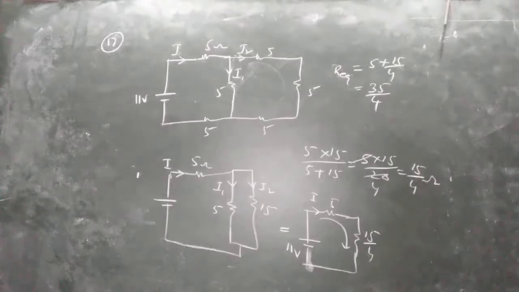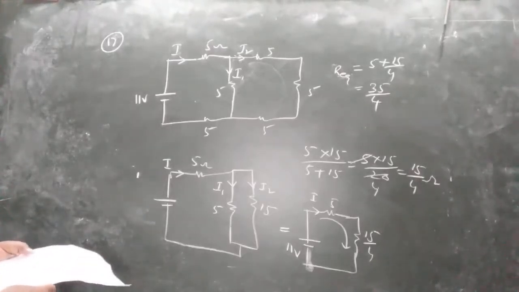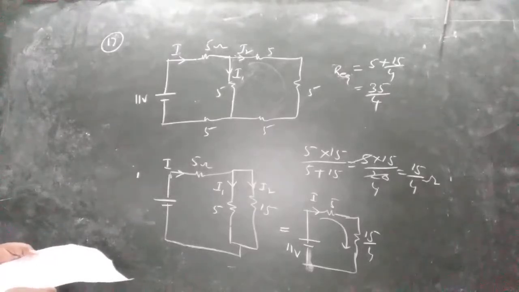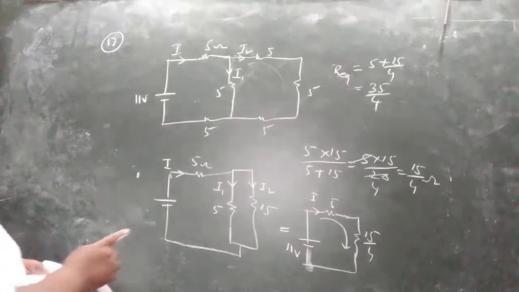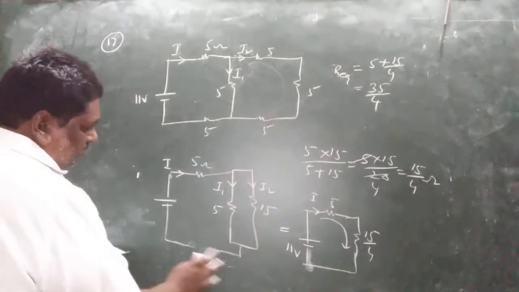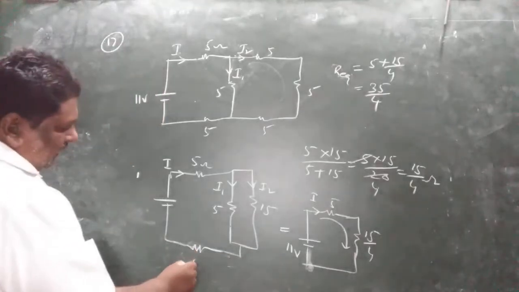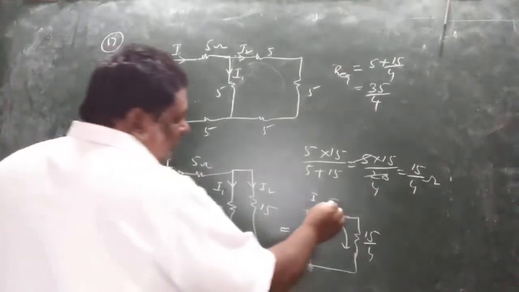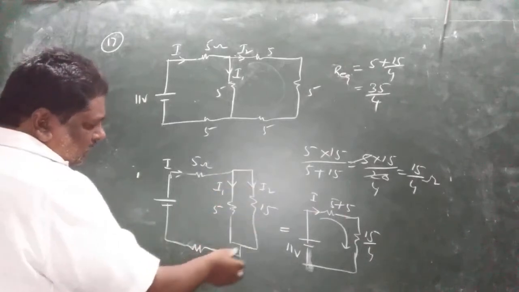Okay. Now here we missed one more resistor. So this is also added here, it will become 5, because this is series, these two parallel, again series.